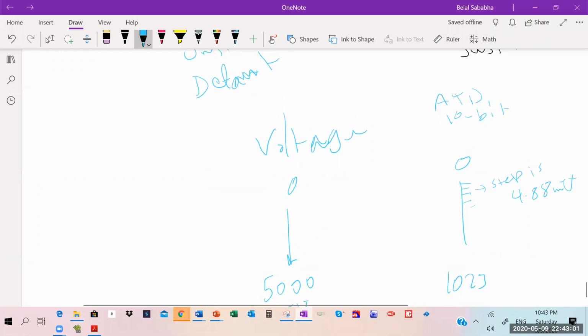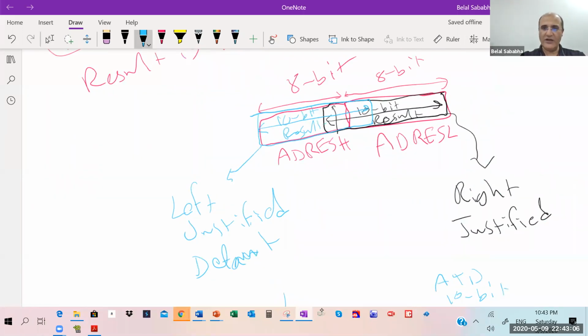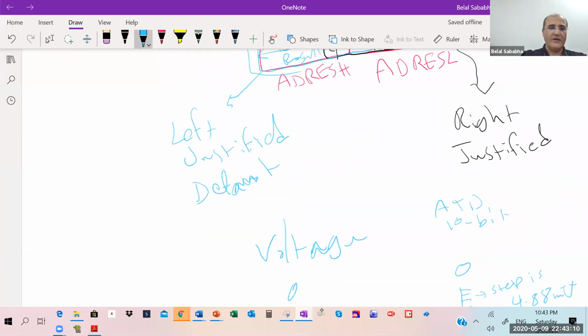So if my 10-bit result, by default left justified, comes out as, say, 10 bits, 1 2 3 4 1 2 3 4 1 2, then if I'm doing left justified, I take these 8 in result high, right? And these in AD result low.